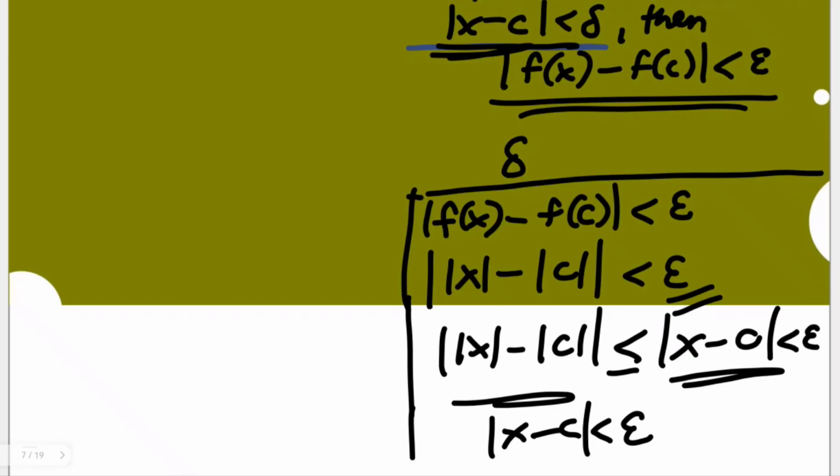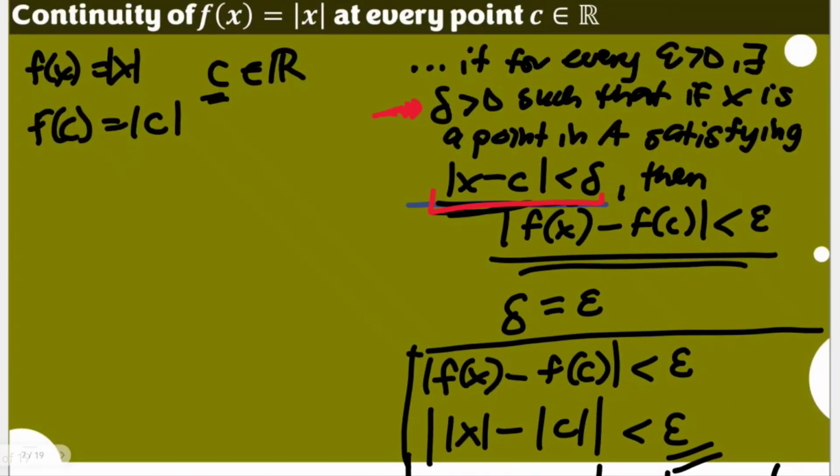What would now be our delta? If this is to be satisfied, it is clear that our delta is just epsilon itself. Unlike the previous examples where we had a lot of possibilities for delta and even picked two and took the minimum of the two, here it is simply epsilon. Once we've shown that delta exists, which is epsilon, and we have this for every epsilon, we can start with our proof.